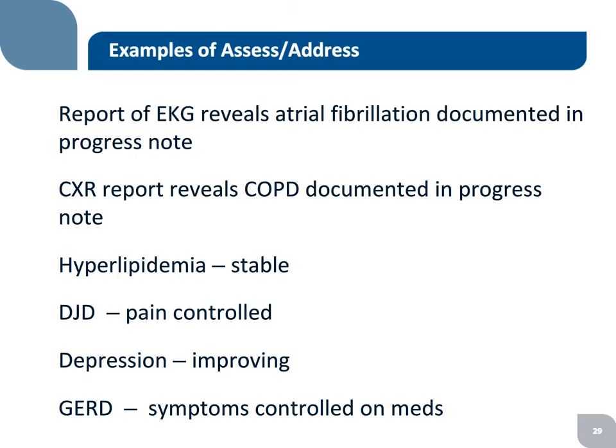So what we want is, like, if you see COPD or atrial fib on this EKG, bring it forward into that progress note and say patient has a new diagnosis of atrial fib, we'll start anticoagulation or whatever we're going to do for it. It needs to be brought forward. Chest x-ray reveals COPD, again, bringing it forward into your record.